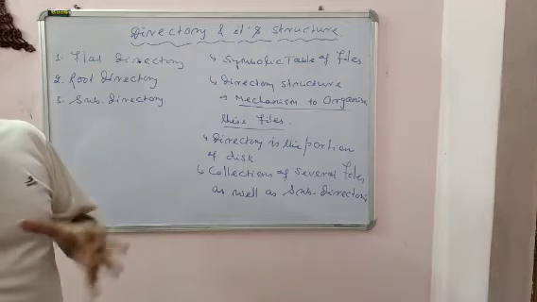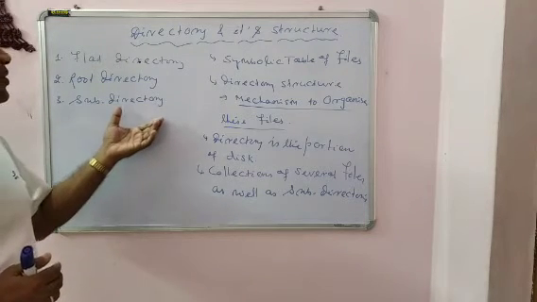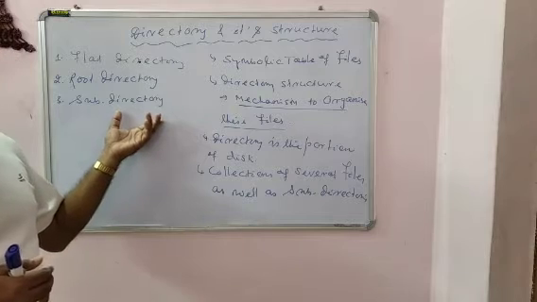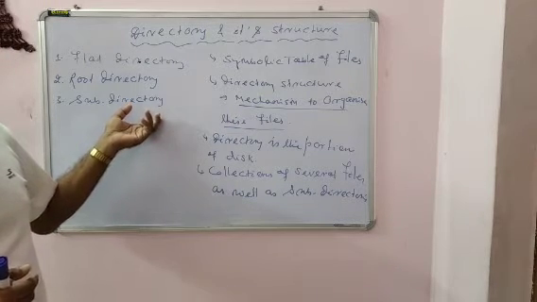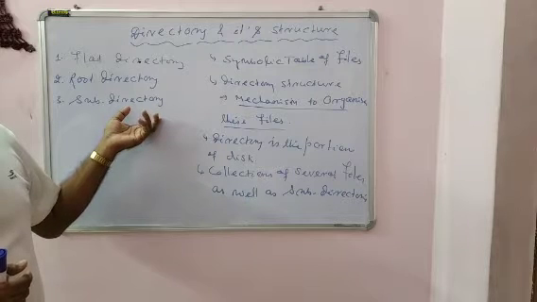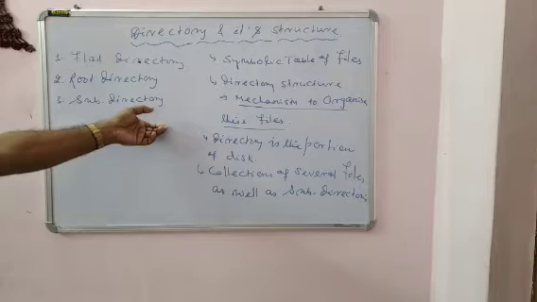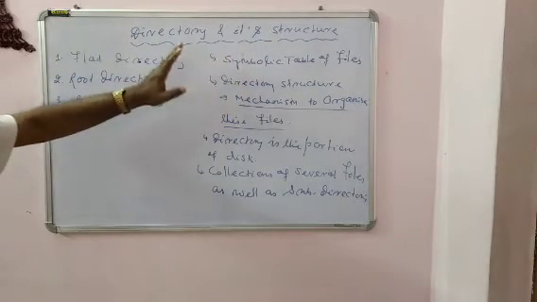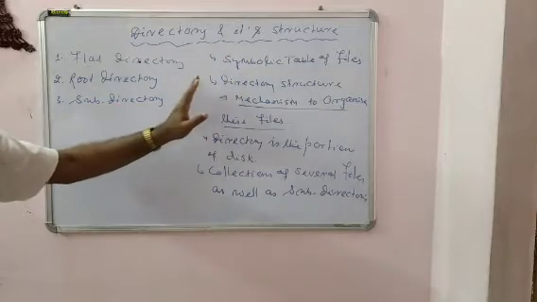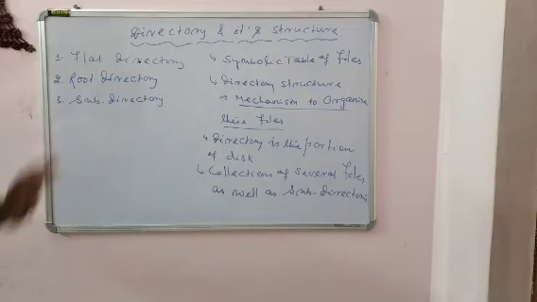When hierarchical directory structures are used, that is the collections of directories, these collections of directories are nothing but the subdirectories. That entity defines the totality of the system files. So this is all about the directory, the symbolic table, structure of directory, mechanism, organizing.